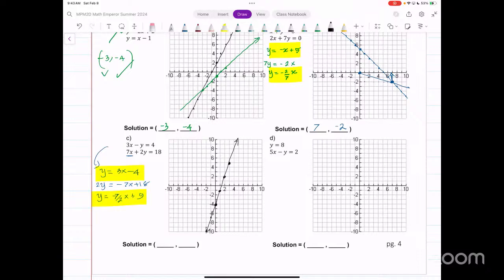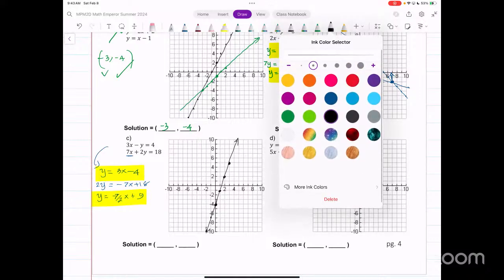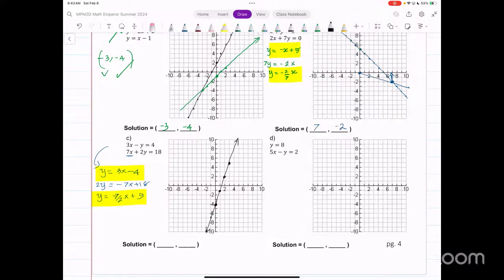Then I start from 9. So this is 9. Because I don't have anything else, I'm going to come 7 units down. 1, 2, 3, 4, 5, 6, 7 units down, 2 units to the right. Oh yeah, I find the point of intersection.